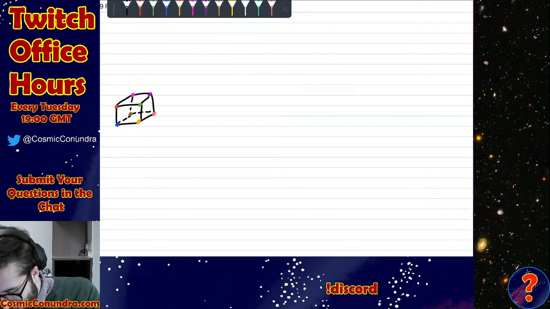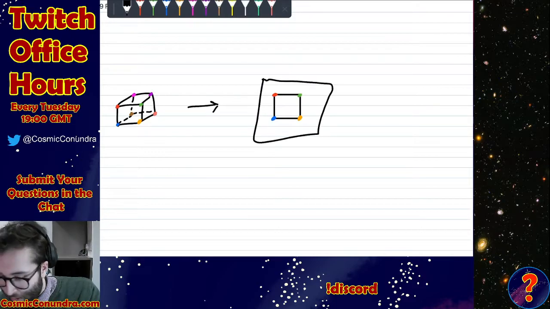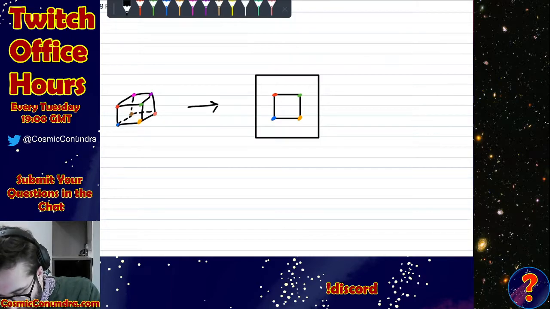So I can take the cube and transform this into a planar graph. Planar just means 2D. So when I draw it, I can draw it in 2D without having to overlap arcs on top of each other. The arcs will only meet at nodes.